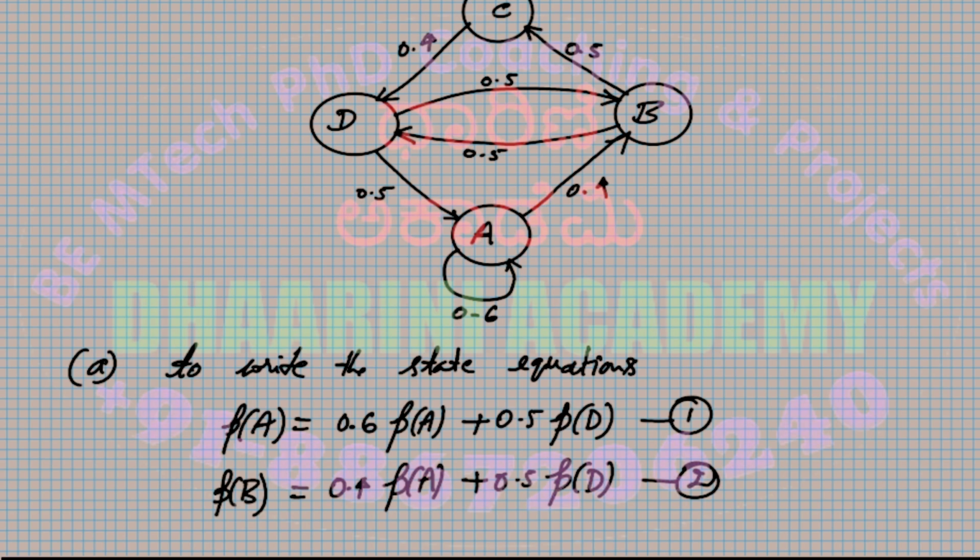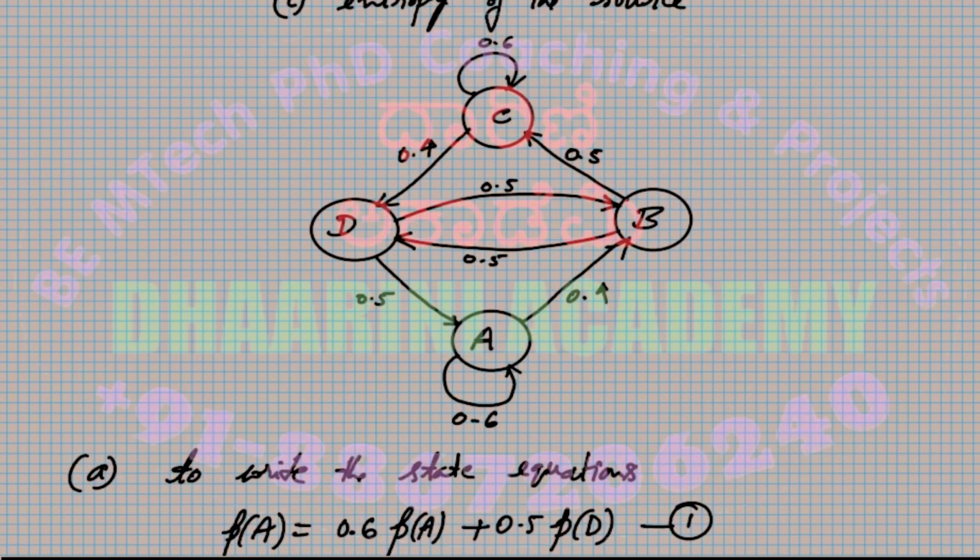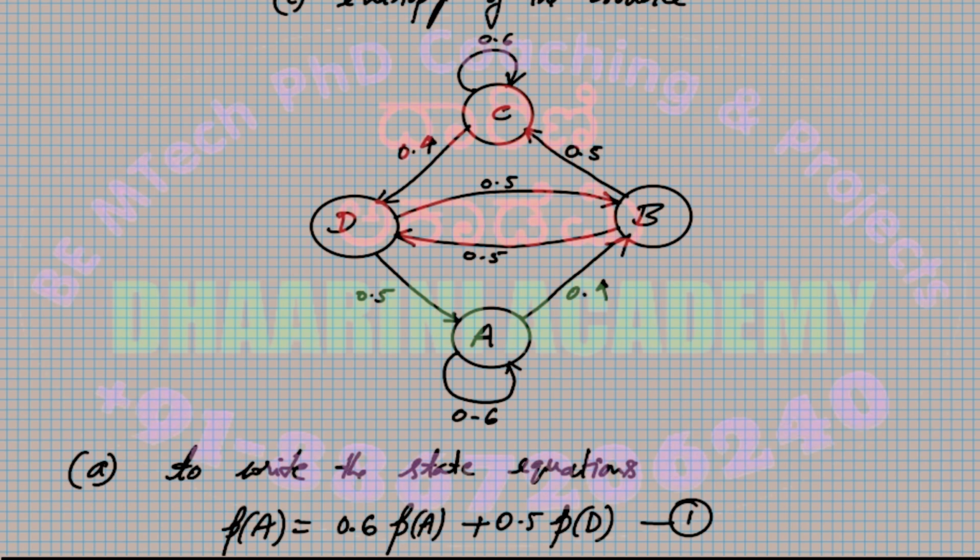Now I'll write for C. For C, I can come from B 50% of the time. From C itself, I can reach C 60% of the time. So let us look at C now.